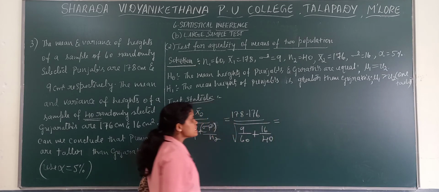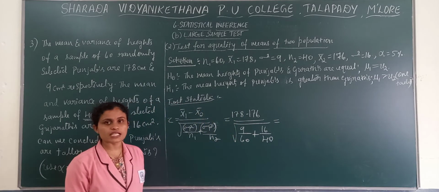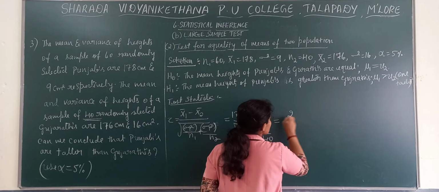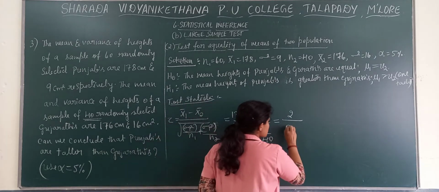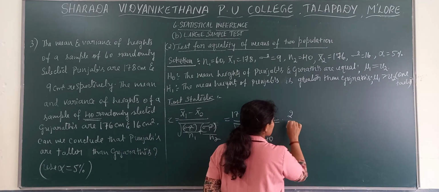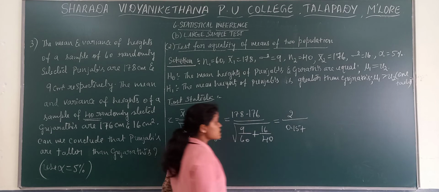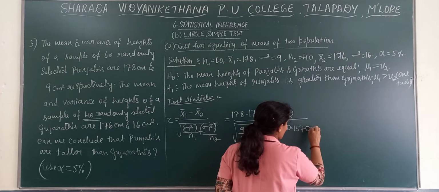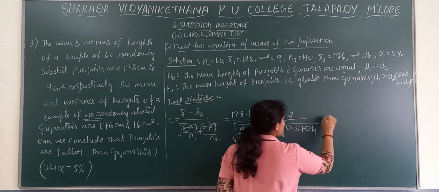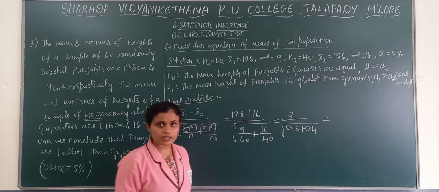So here 178 minus 176 we get 2, and 9 by 60 we get 0.15, then plus 16 by 40 we get 0.4. Then add and take the root.